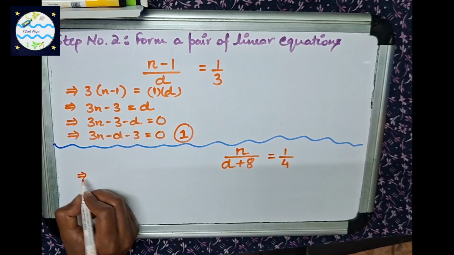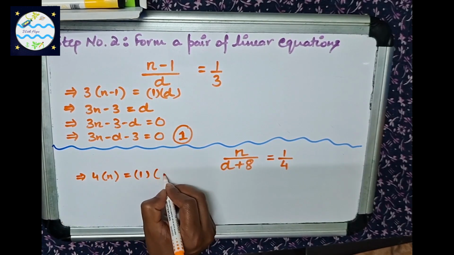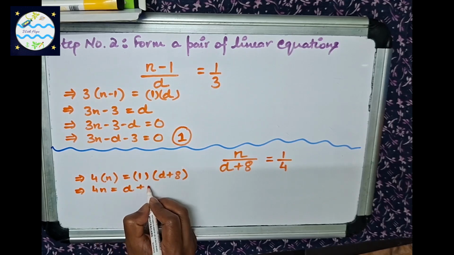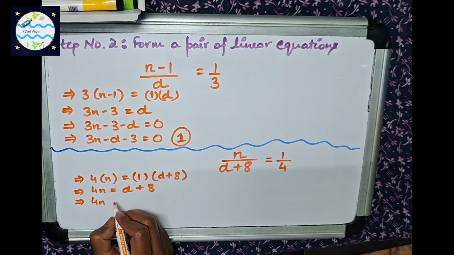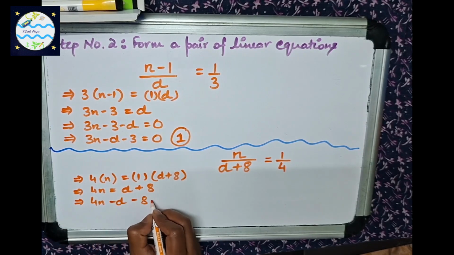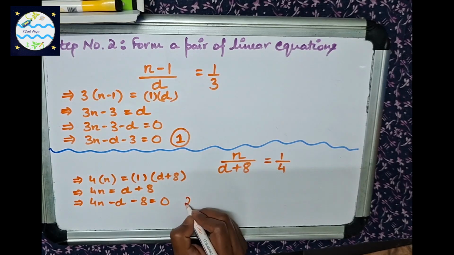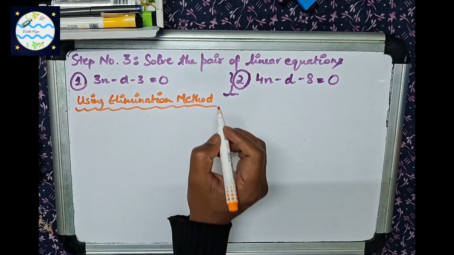On cross multiplication, we get 4 times n is equal to (d plus 8) times 1, which implies 4n is equal to d plus 8, which implies 4n minus d minus 8 is equal to 0, our second linear equation. Let's move on to step number 3.